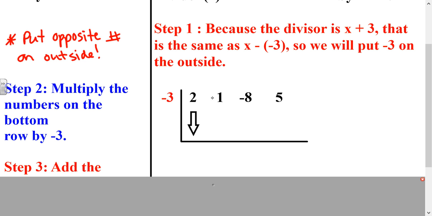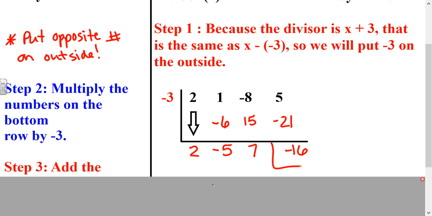So we have to bring down the 2, and then we multiply, so we get -6, and then we add, so we get -5, and then we multiply, so we get +15, and then we add, so we get 7, then we multiply, so we get -21, and then we add again, and we get -16.